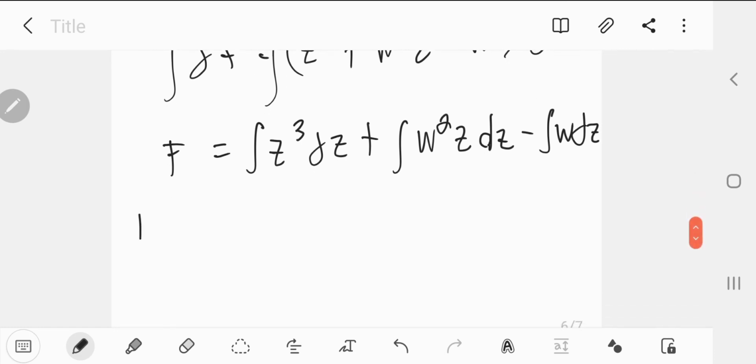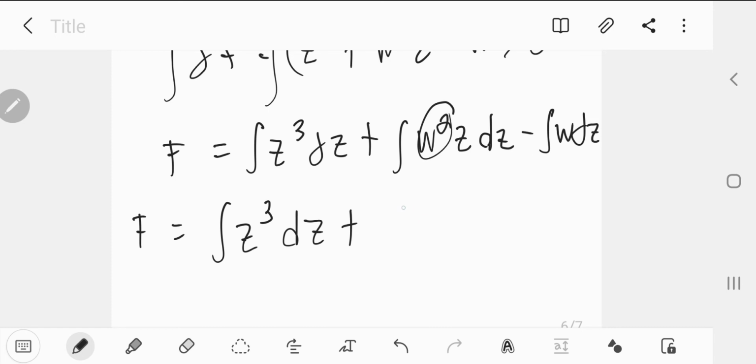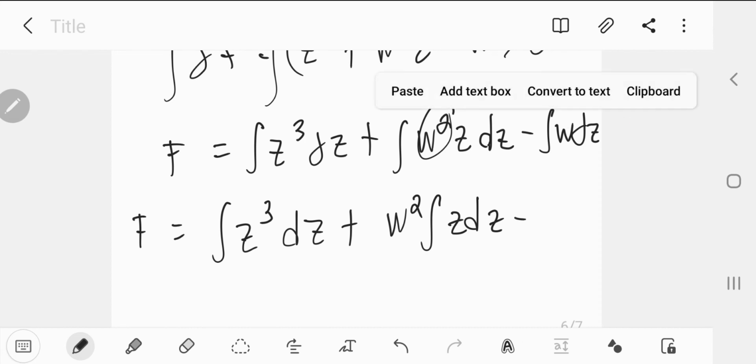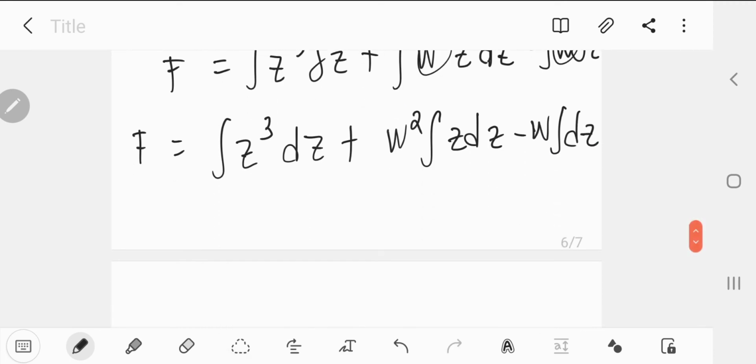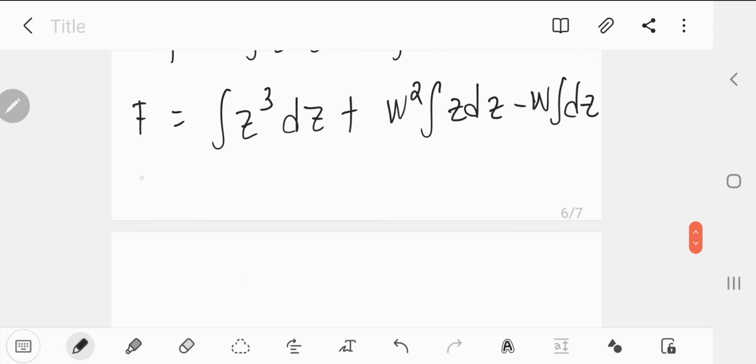And now we have f is equal to the integral of z cubed dz plus, let us consider this as a constant, so we have w squared integral of z dz minus, let us consider this as a constant, so we have w integral of dz.